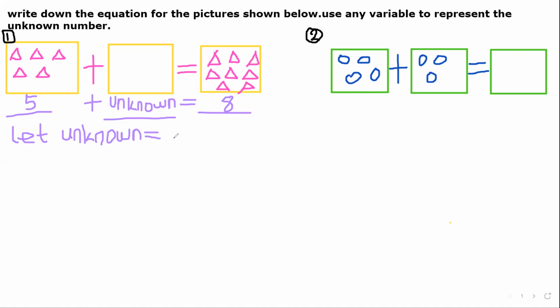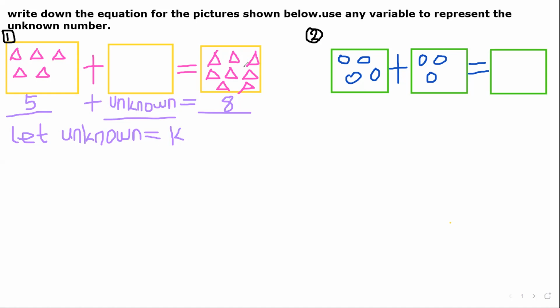So let me choose letter K. Okay, good. So I will replace the letter K in case of where I have written the unknown.